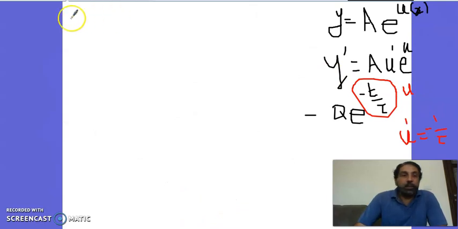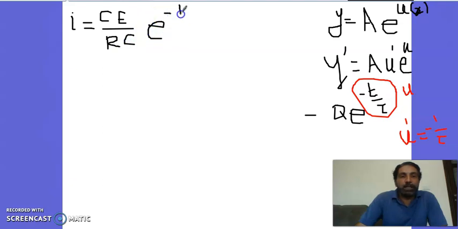Right? So I equal q over tau exponential minus t over tau. But q is what? CE. And tau is what? RC. Right? So cancel C with C. What do you get?